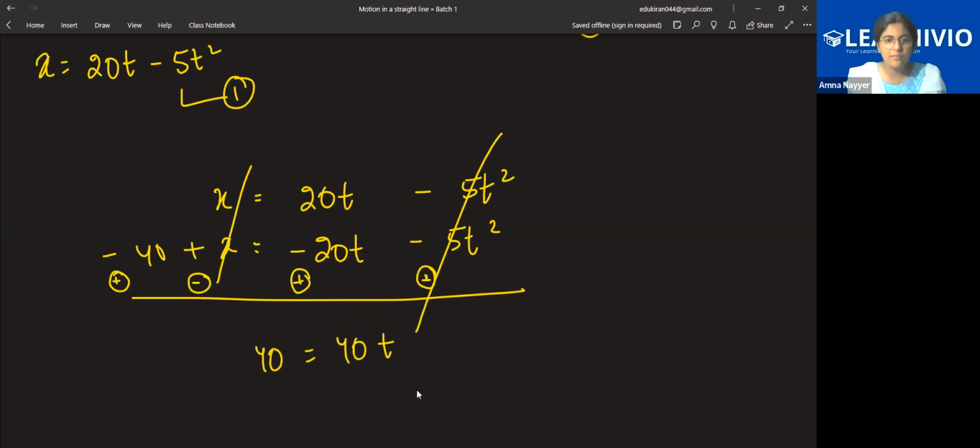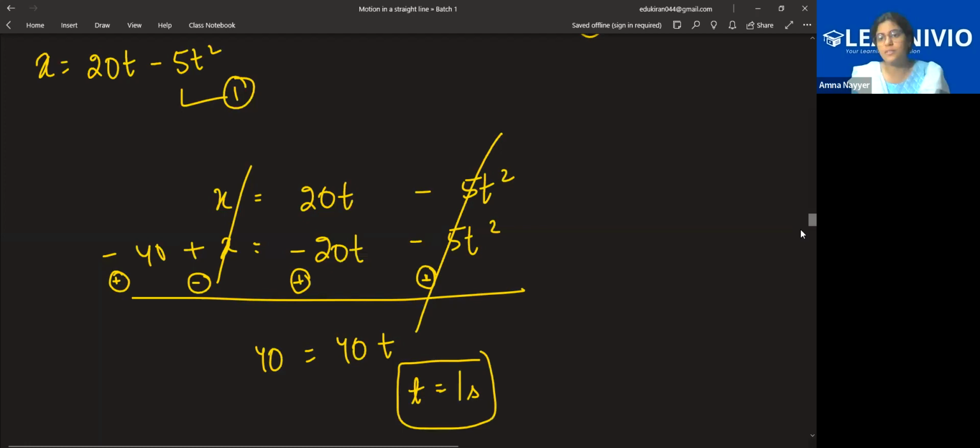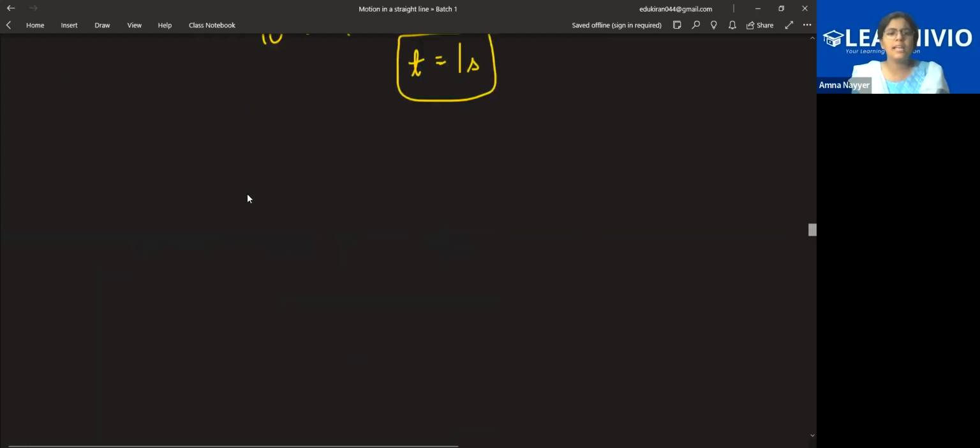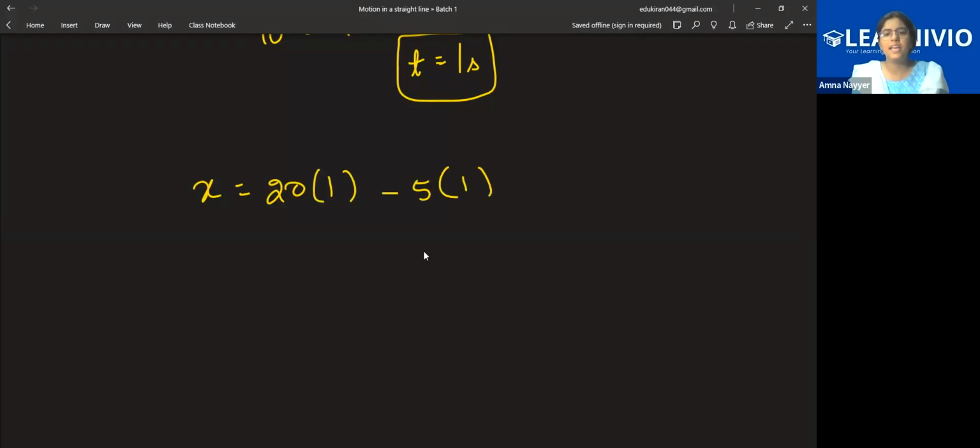Time t is equal to 1 second. But we do not have to calculate the time. We have to calculate the distance. So just put it in this: x is equal to 20 into 1 minus 5 into 1 square. So this is 15.